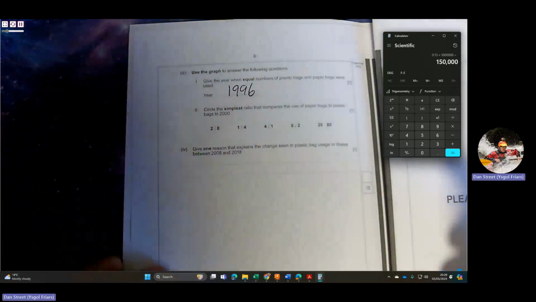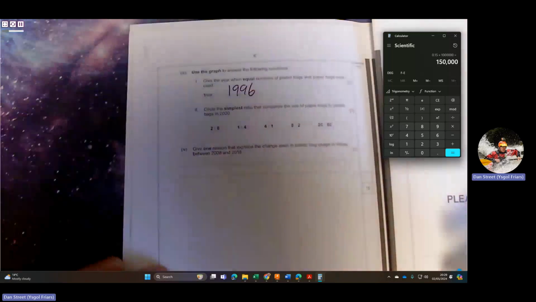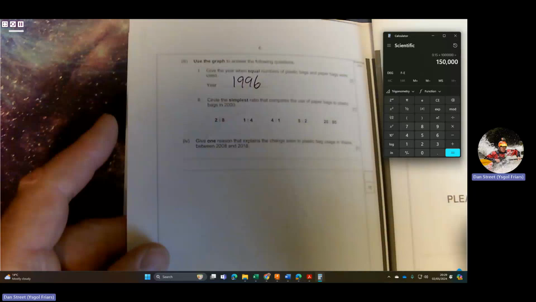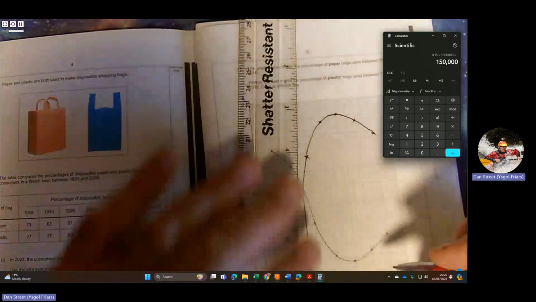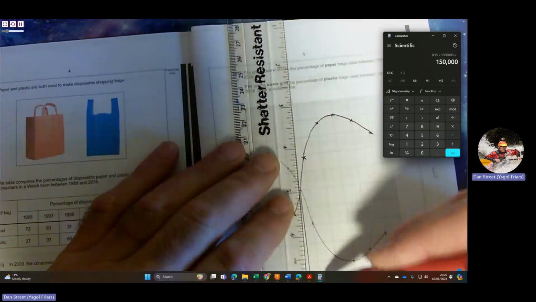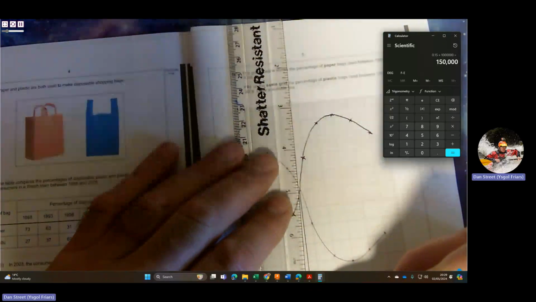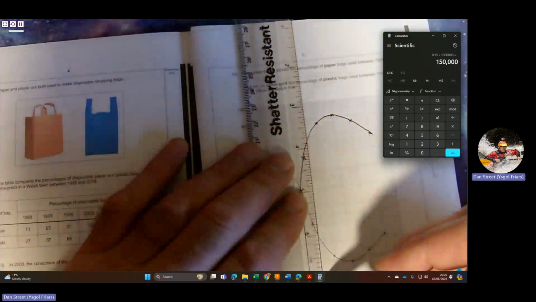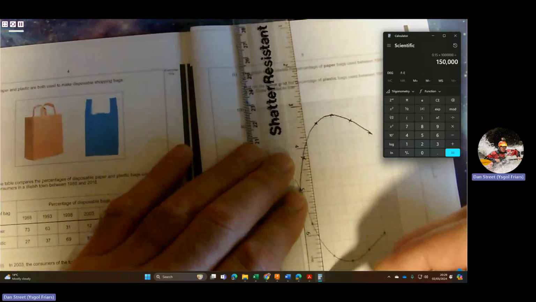And then the next question says, circle the simplest ratio that compares the use of paper bags to plastic bags in 2000. Okay, so paper to plastic, so the year 2000, so 98, 99, 2000, so it should stay on the line.